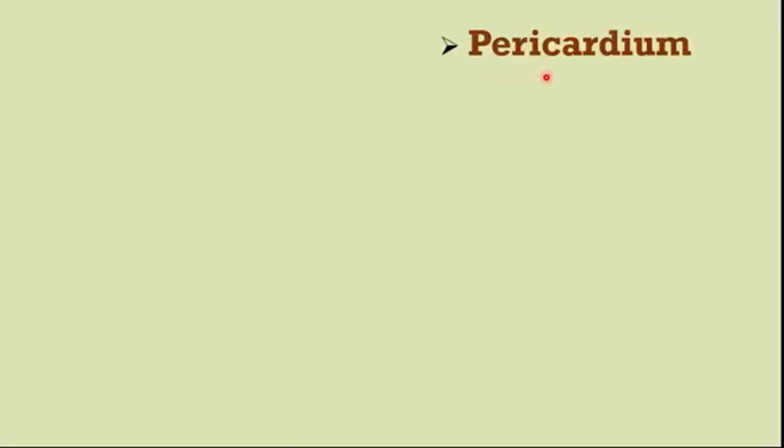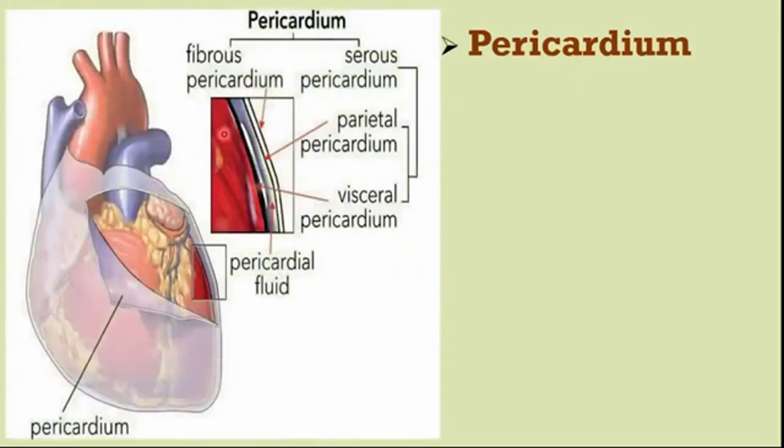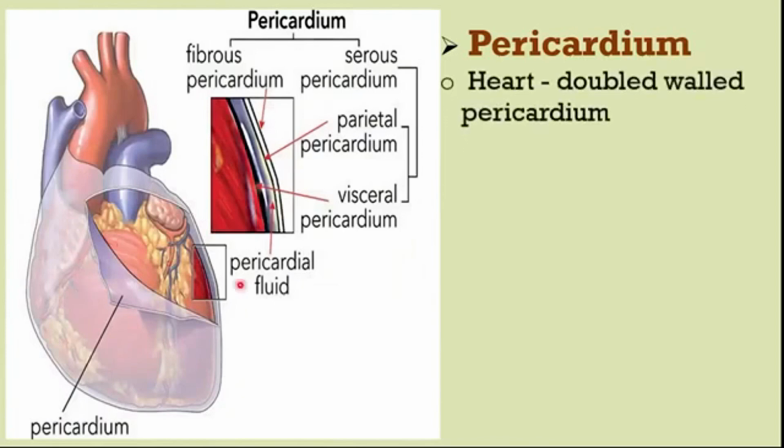Let's now get into the next part of external structure, pericardium. What is pericardium? Peri means around, cardium is related to heart. So pericardium is present around the heart. Heart is covered by double-walled pericardium. What are the two walls present in the pericardium?